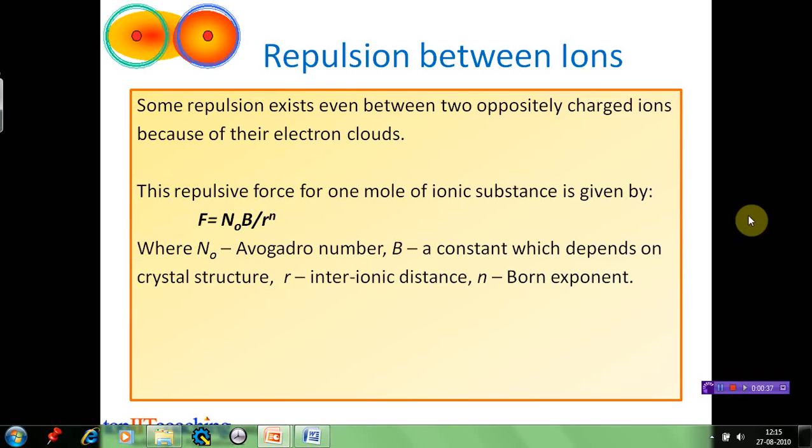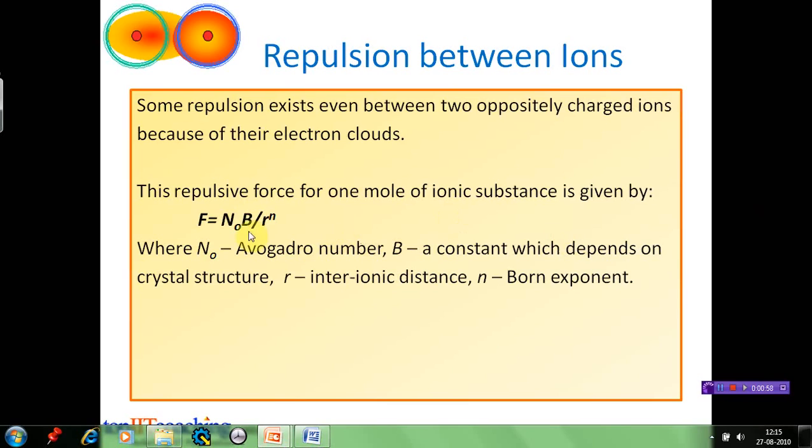But why so? Because there is a small amount of repulsion even between 2 oppositely charged ions, owing to the fact that they have electron clouds surrounding them. This repulsion is negligible when interionic distance, that is small r, is high, but becomes prominent as r decreases.